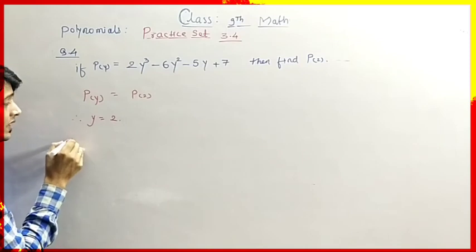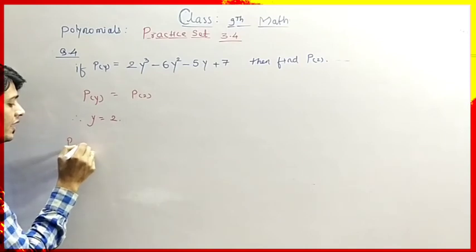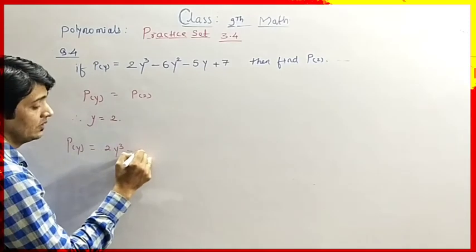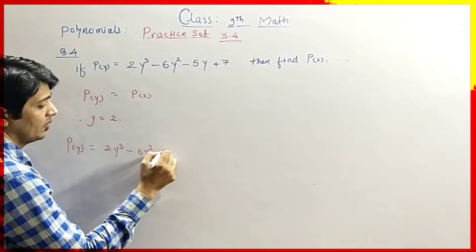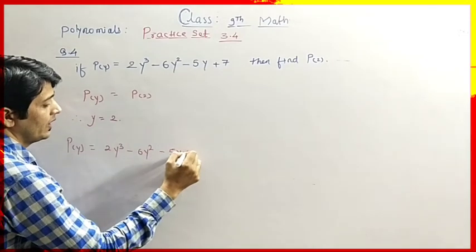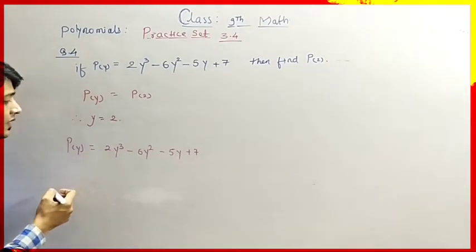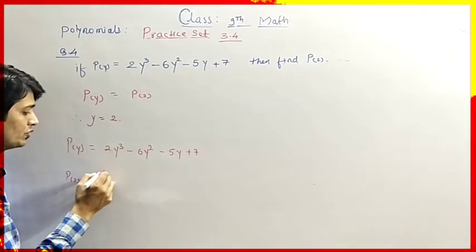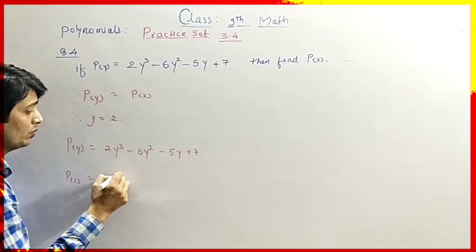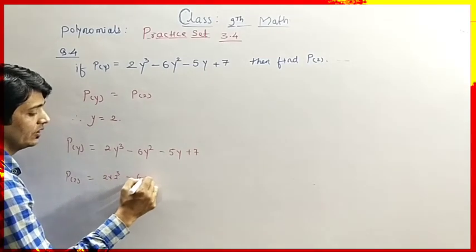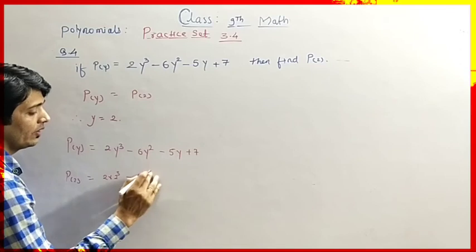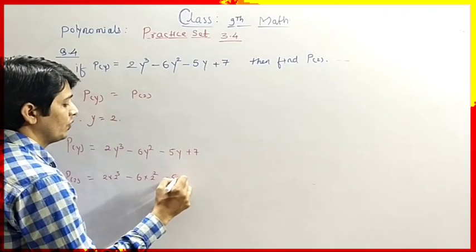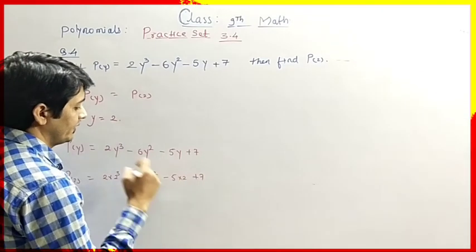So instead of y, wherever we find y, we have to replace it by 2. So what is the polynomial? It is p(y) equals 2y cube minus 6y square minus 5y plus 7. Since y equals 2, so p(2) equals 2 into 2 cube minus 6 into, instead of y we will write 2, so it will become 2 square, minus 5 into 2 plus 7.